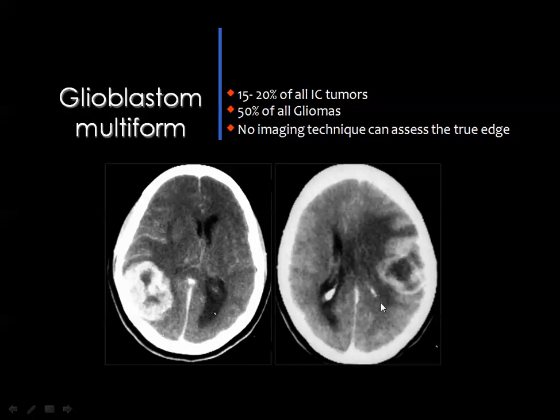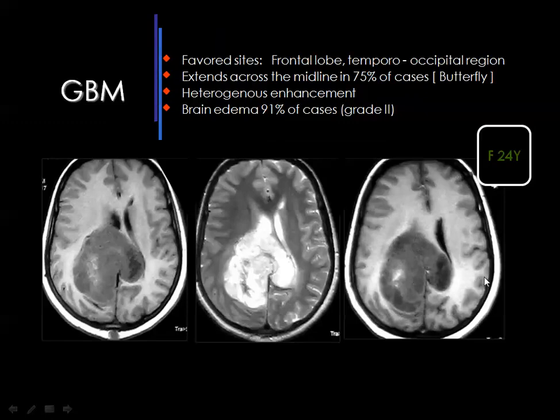And this is an example of glioblastoma multiforme by MRI T1 weighted image, T2 weighted image, and T1 post contrast. This tumor shows low signal in the T1 and high signal in the T2, and you can see some high signals in the T1 weighted image representing intratumoral hemorrhage.